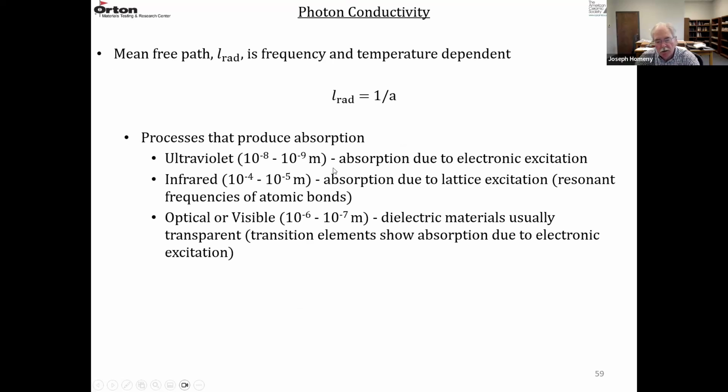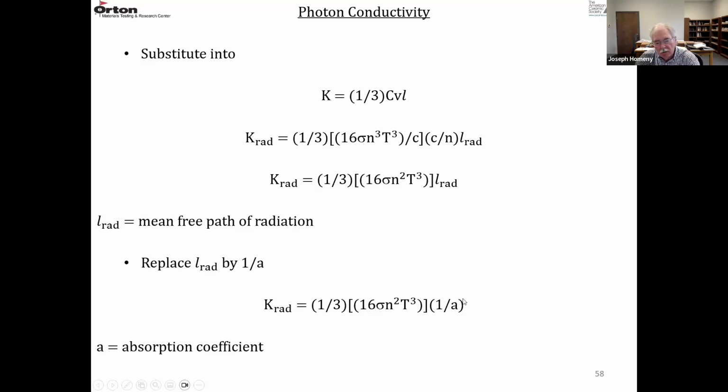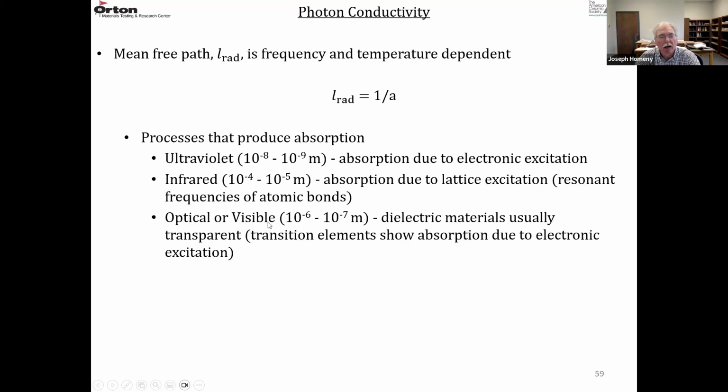So what's really controlling the radiation here, to a large extent, is the mean free path. This mean free path, which equals 1 over the absorption coefficient, is both frequency and temperature dependent. So what processes produce absorption and lower the mean free path? In the ultraviolet region, radiation absorption is due to electronic excitation.